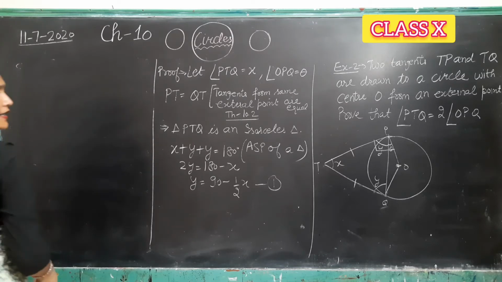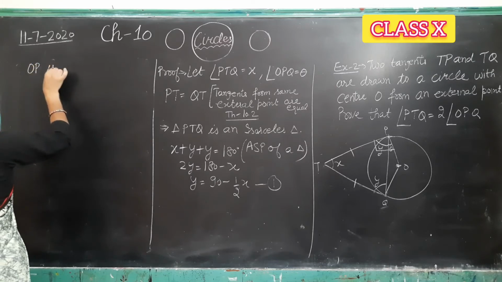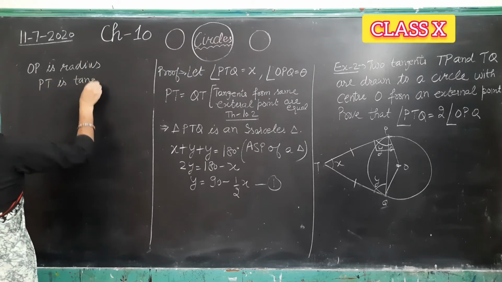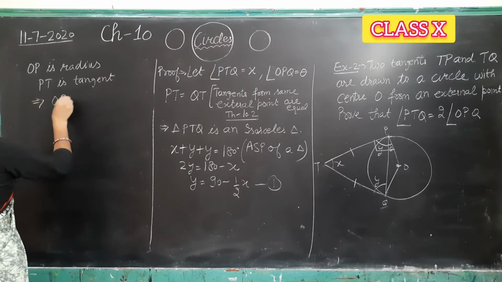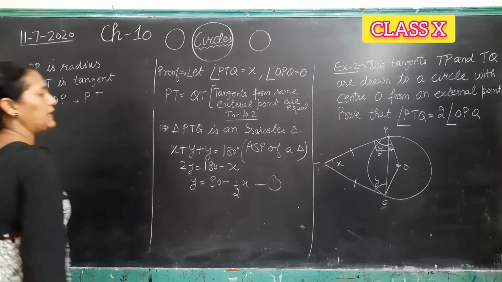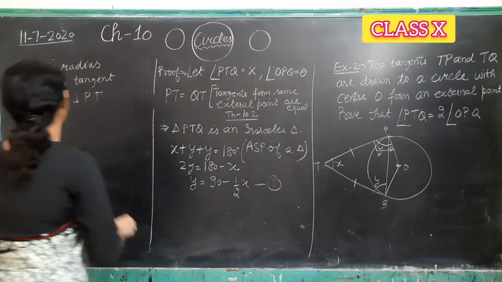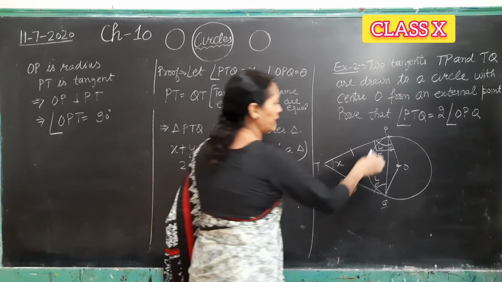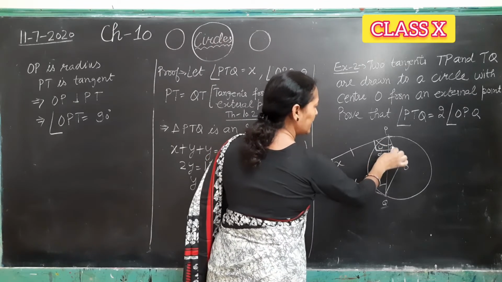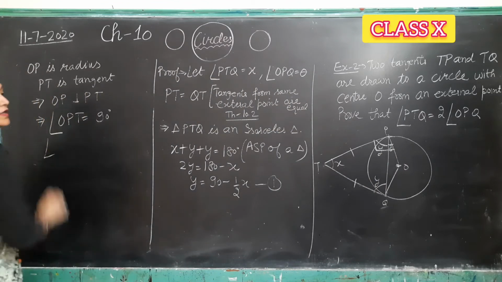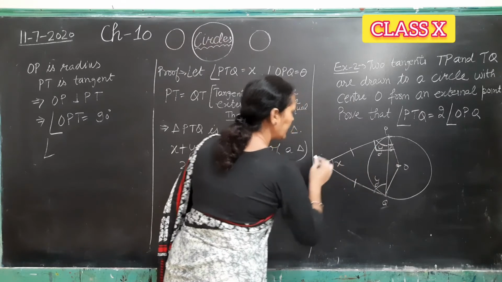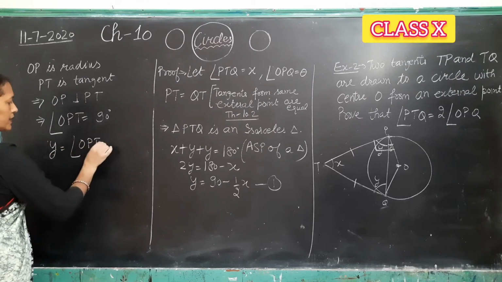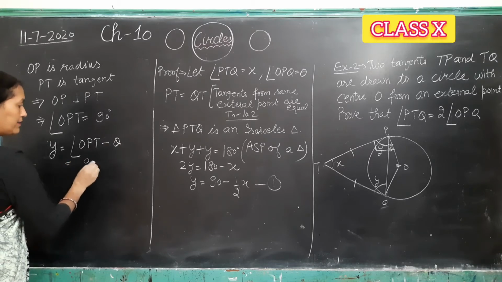So can we write, OP is radius, PT is tangent, implies OP is perpendicular to PT, which implies angle OPT is equal to 90 degrees. Now angle y, that is angle QPT, can be written as angle OPT minus theta, means 90 minus theta.